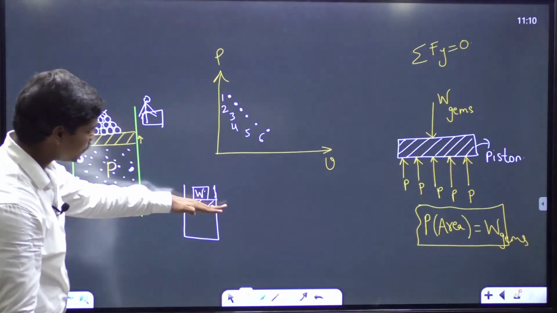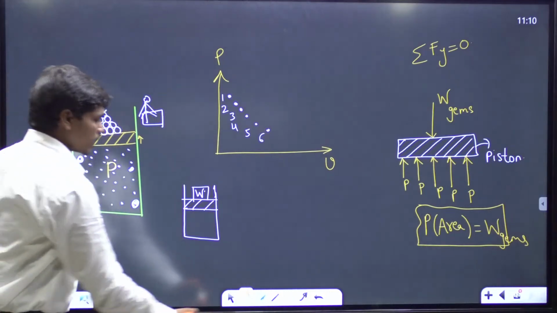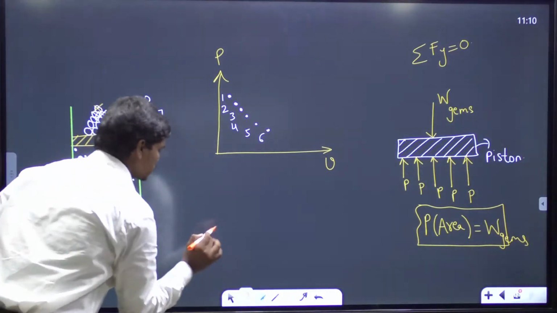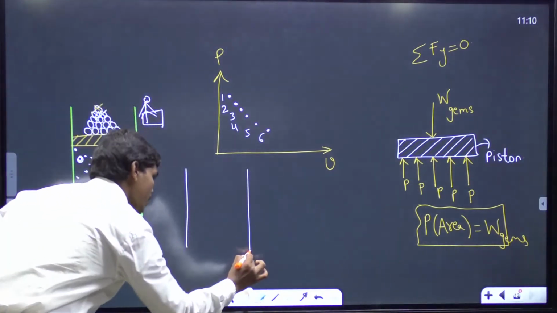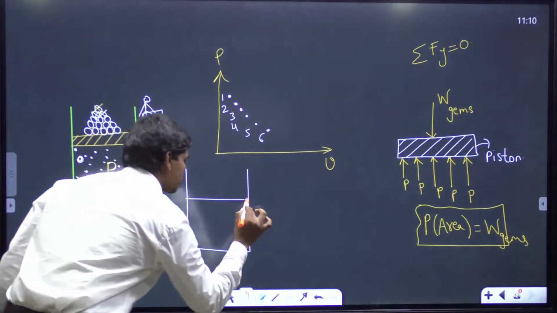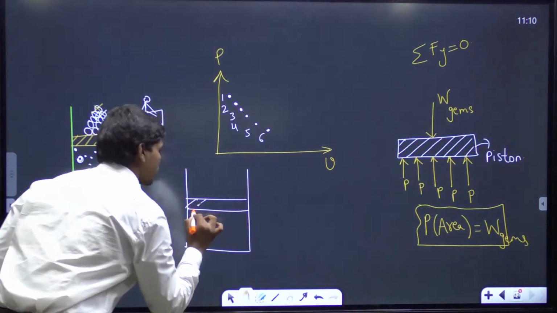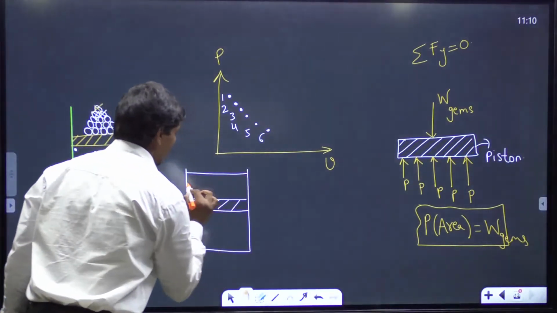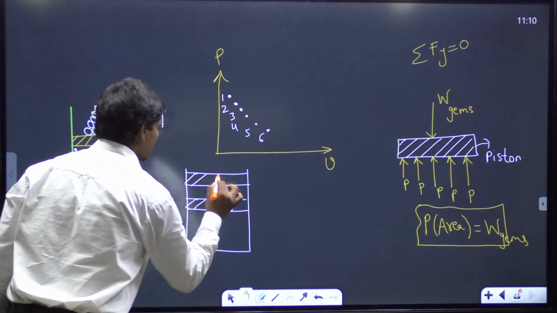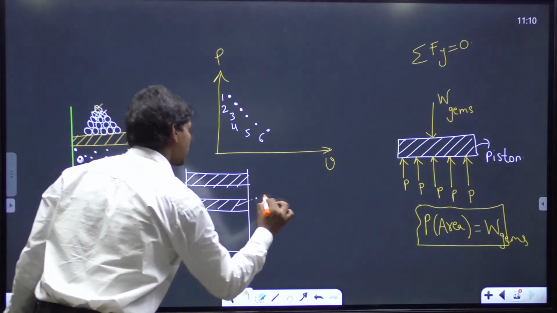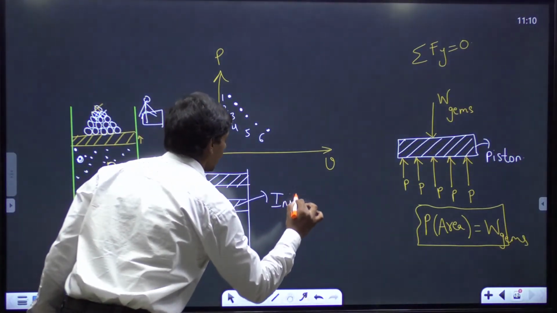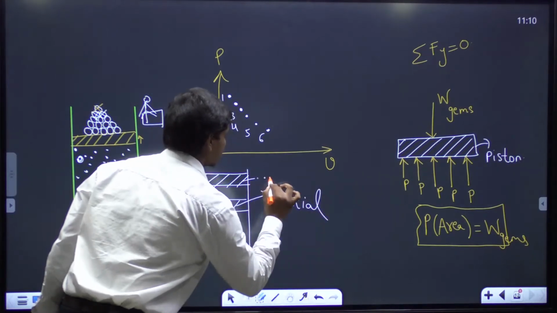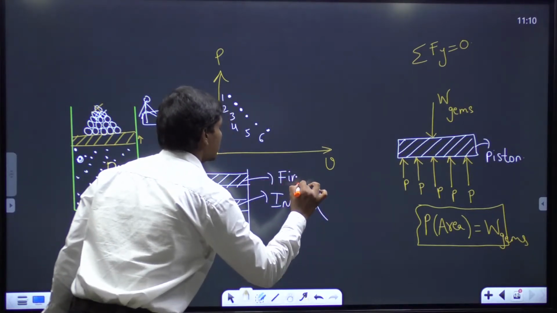Correct? Let me draw a bigger diagram so you can see things. Let us suppose this is the initial position of the piston, and this is the final position of the system.